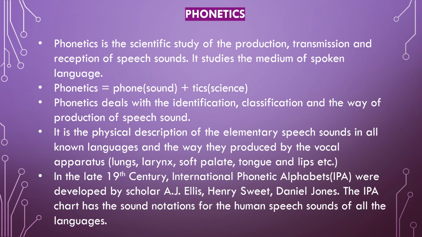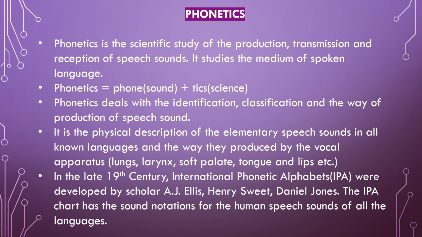All the sounds of human speech comprising all the languages were listed under the IPA chart in the late 19th century by the International Phonetic Association. At present, there are 107 different letters listed in the International Phonetic Alphabet chart.